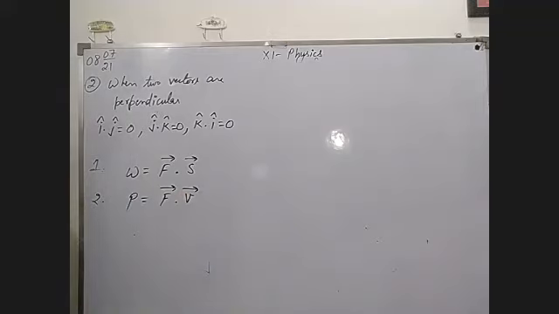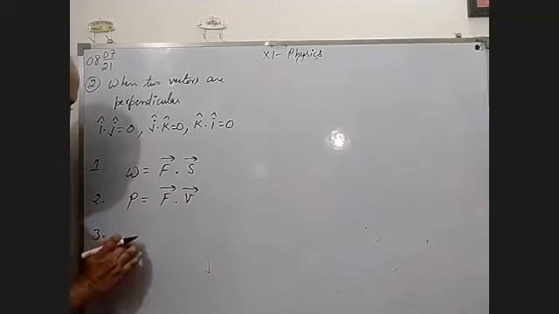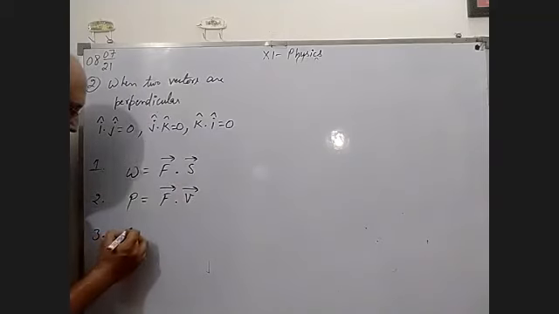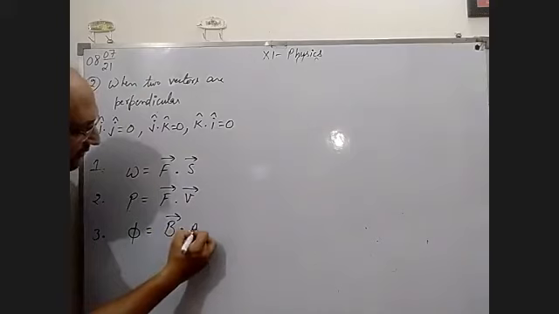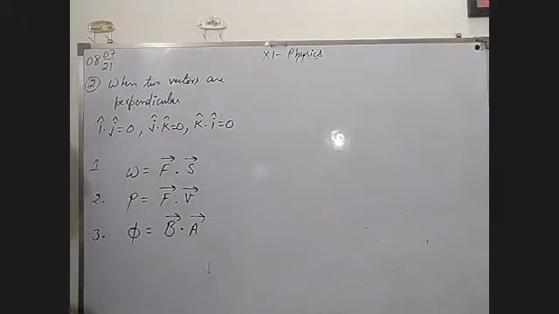The third thing is magnetic flux. In class 12 you have to read this: magnetic flux is also the scalar product or dot product of two vectors, the magnetic field and the area vector.